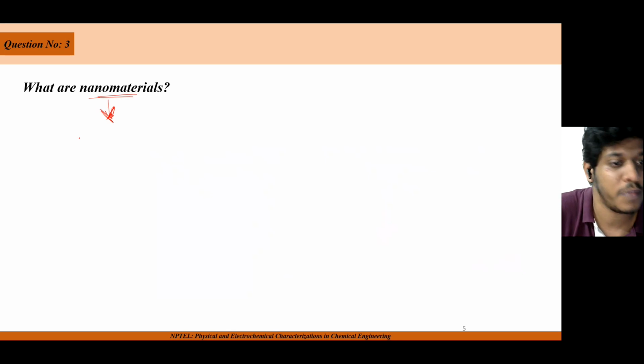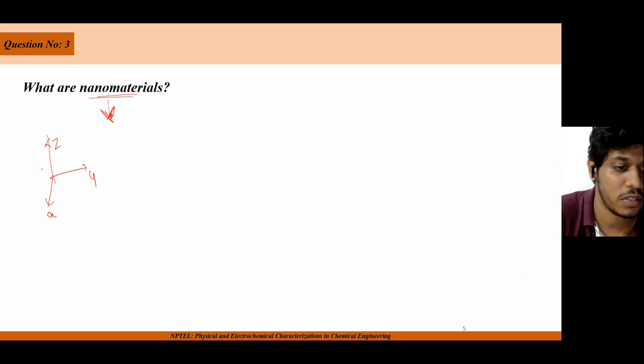A nanomaterial is a material whose any one of its 3 dimensions has a size under a few nanometers, or rather we can say, let us say we have 3 dimensions, say x, y, and z.